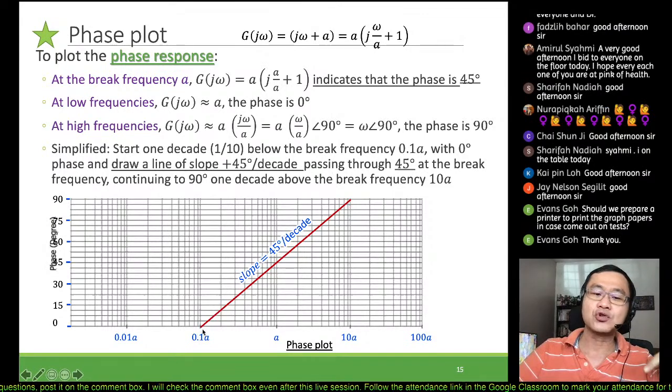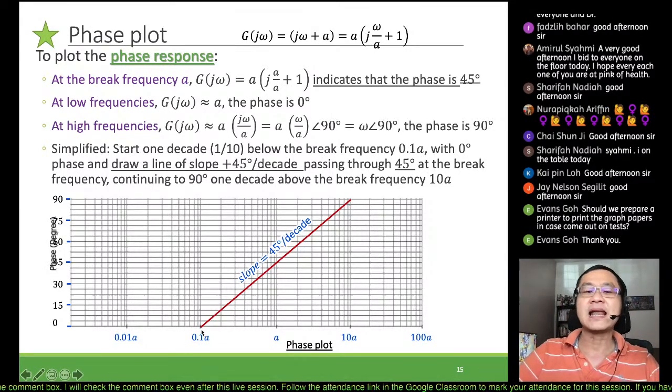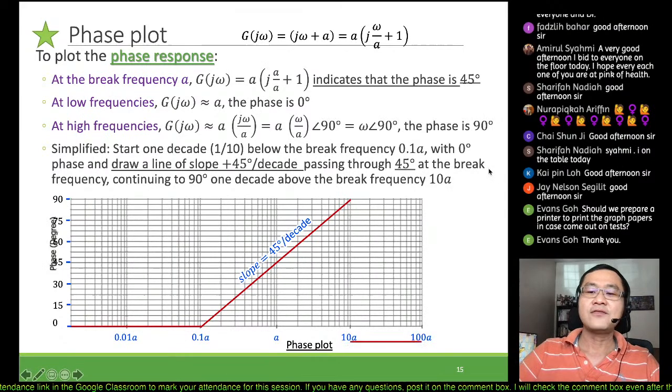Again, we draw an approximated line: low frequency at 0, high frequency at 90, right?